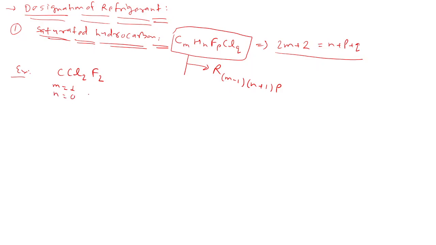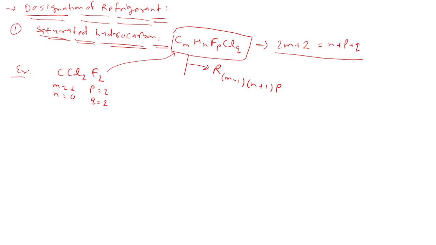And p? p would be 2 and q would be 2. Just compare this with the general formula, okay? Getting it or not? Got it.